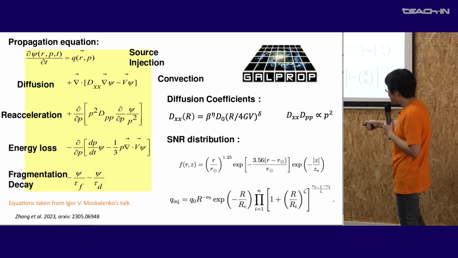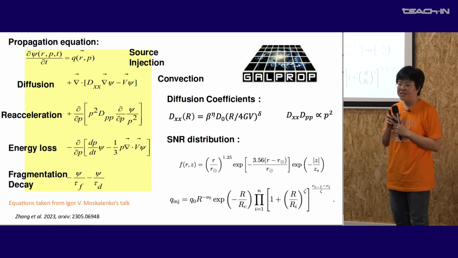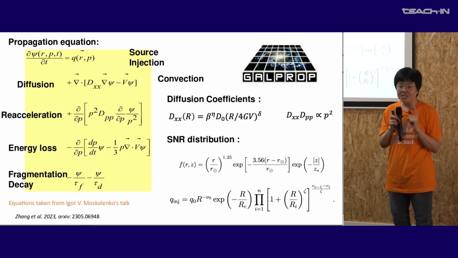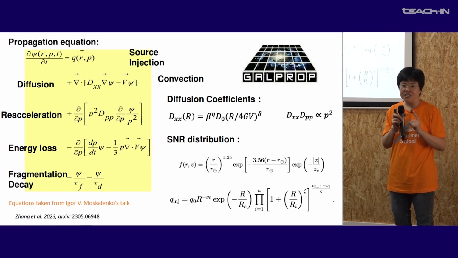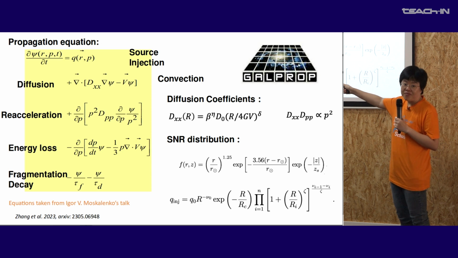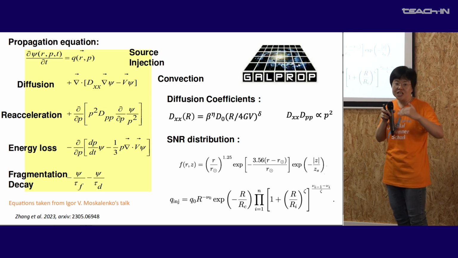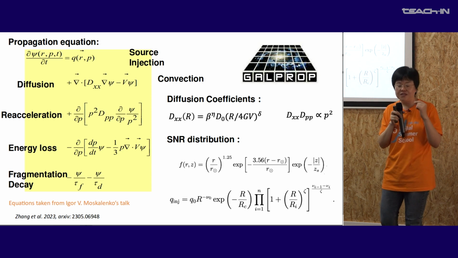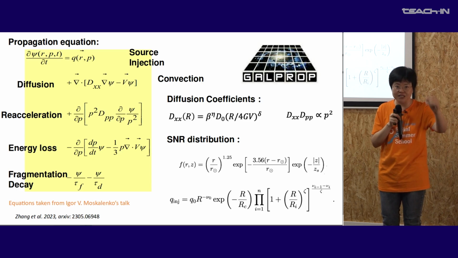Then the injection function: for one supernova remnant, how much energy they emitted. We assume it's Q_j. These two combined together give us Q_RP, the injection function for different sources at a specific location.